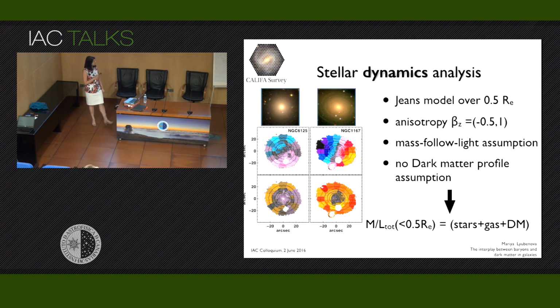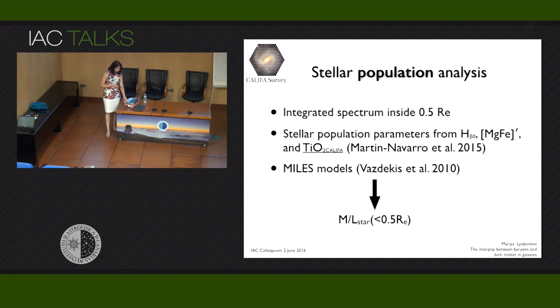So thus we concluded that our choice of constant mass-to-light ratio should be robust. And in that way, we obtain the mass-to-light ratio constrained inside half the effective light radius, a total one, which comes from all contributors to the dynamics: stars, gas, and dark matter. Gas is negligible. These are giant elliptical galaxies. If they have any, for the majority of them, they actually have zero gas detection so far.